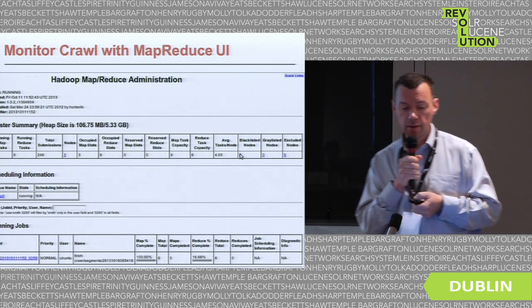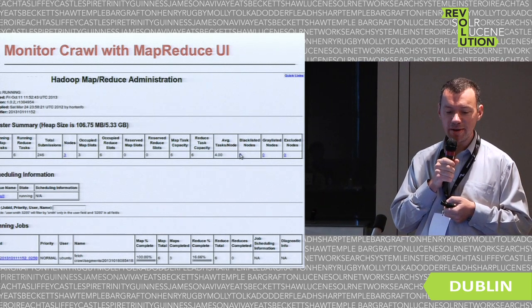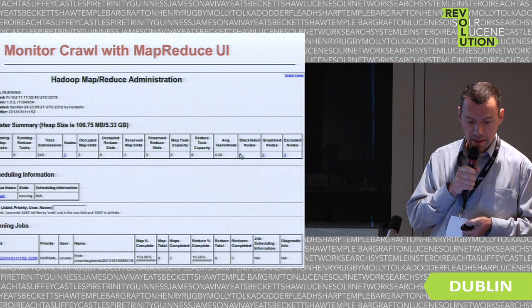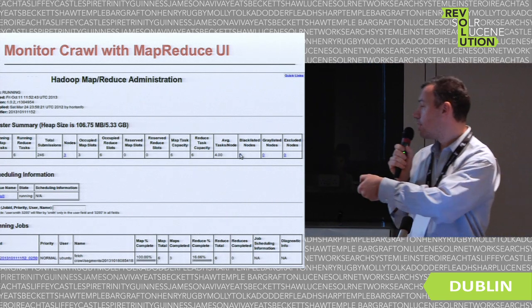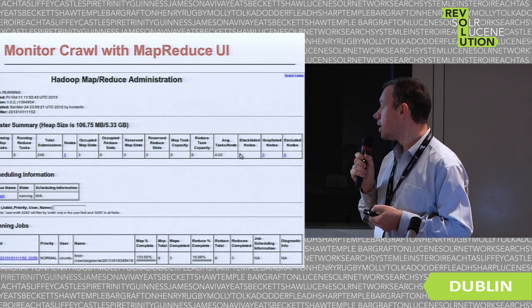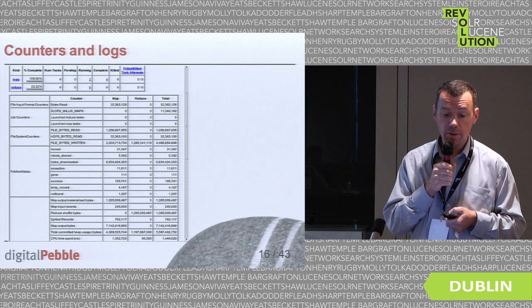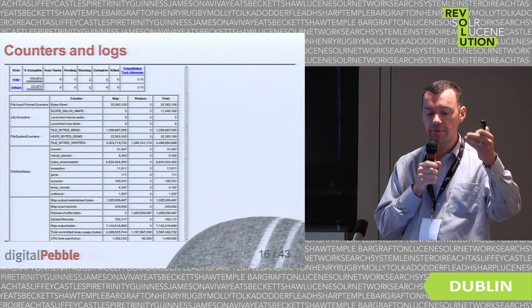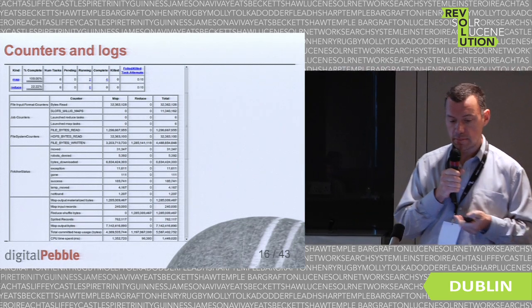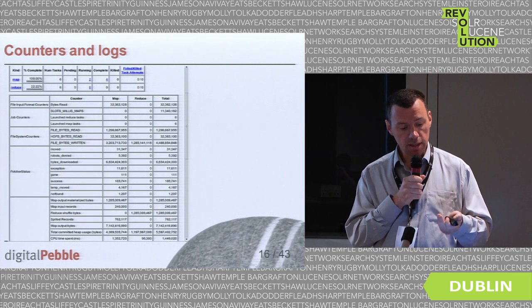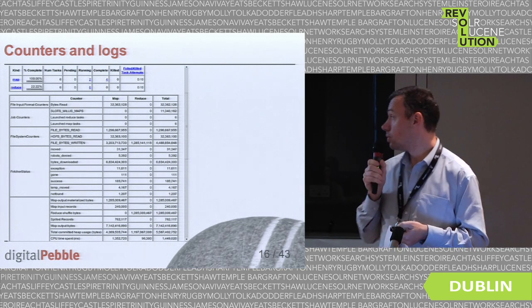So that's the well-known MapReduce UI. That's for doing a crawl, and you can see, for instance, here we have the fetch step going. By using the MapReduce UI, you can go directly into the logs for a specific task, check that there are no errors or anything, and also you get all the counters, which is pretty useful.